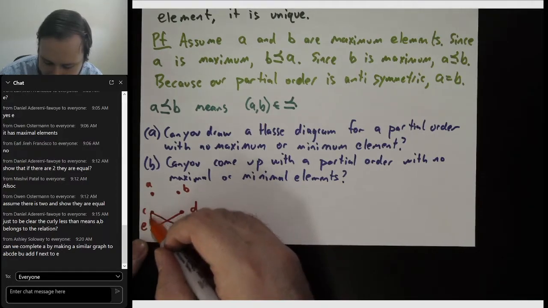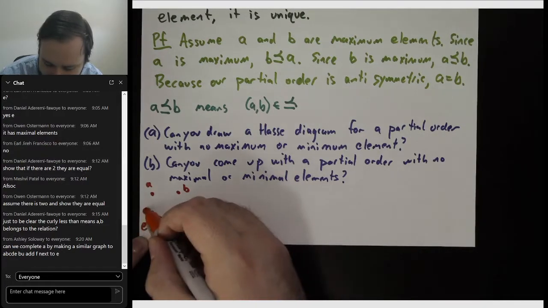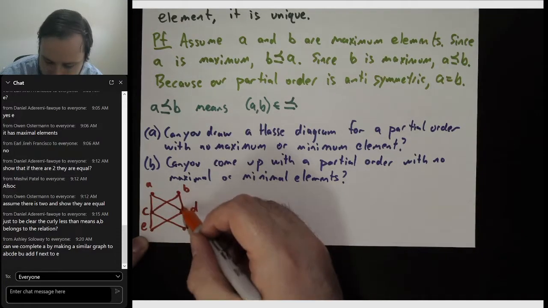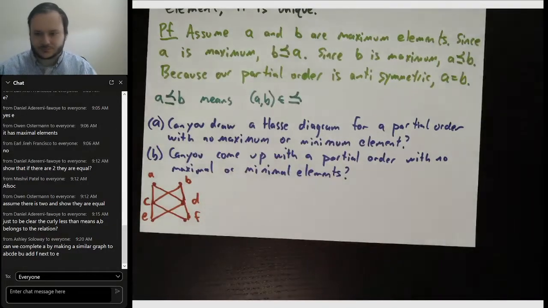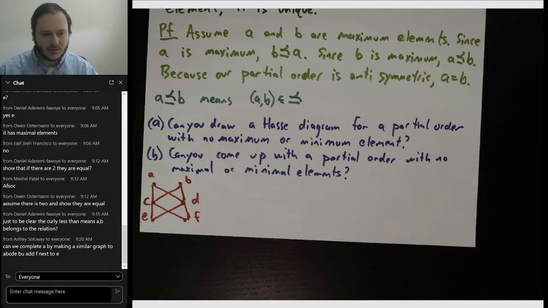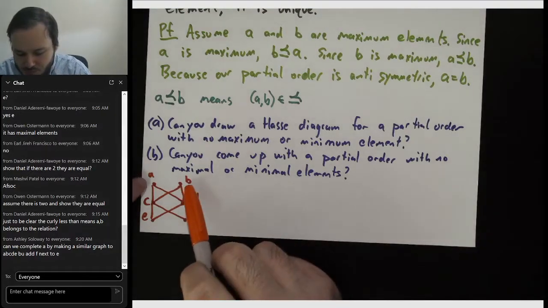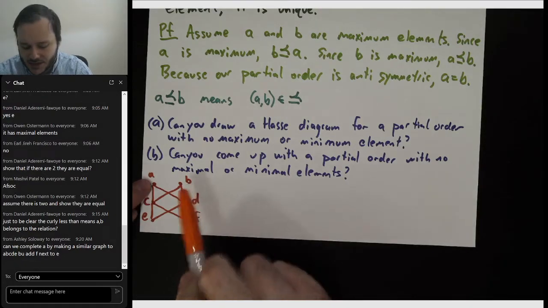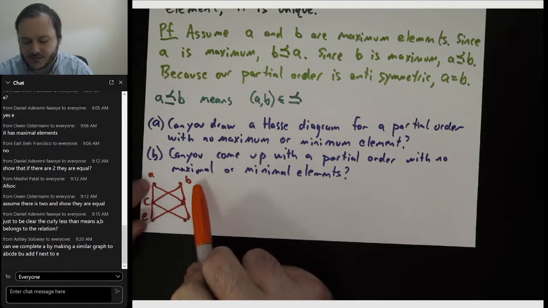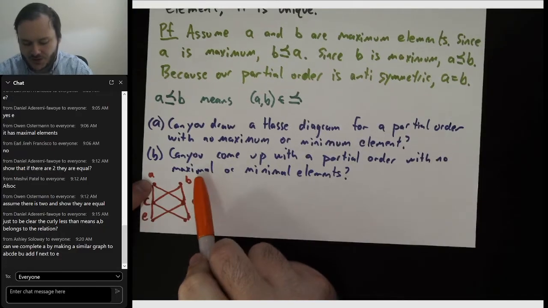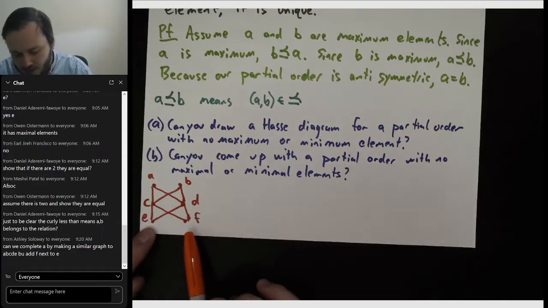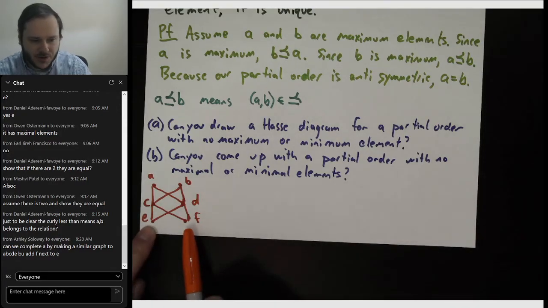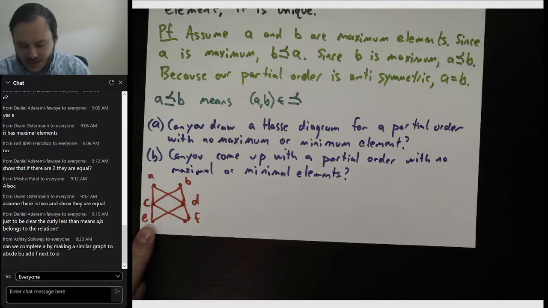And I can even add edges here if I want. Let's see. And then something like that. I have no maximum element because nothing's above A and nothing's above B, but they're not above each other. And I have no minimum element because E and F are both minimal, but nothing's beneath the other.